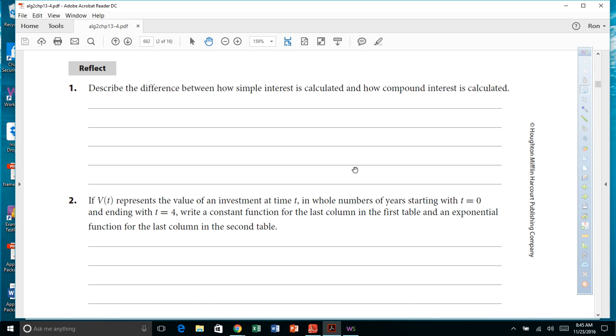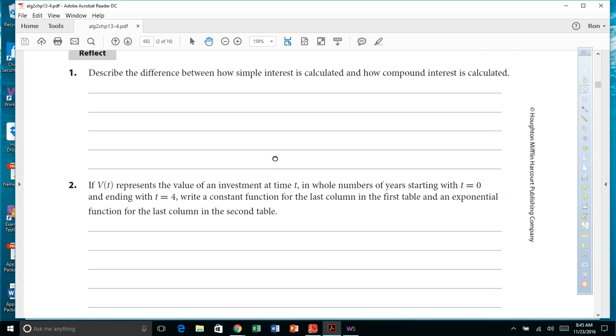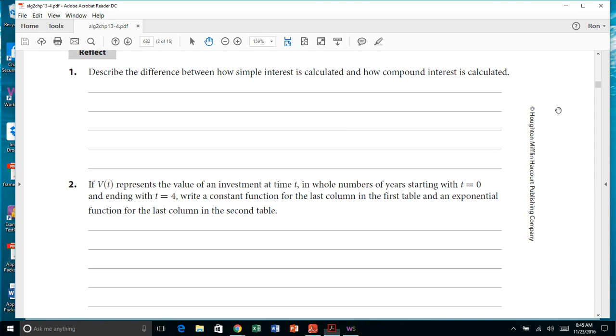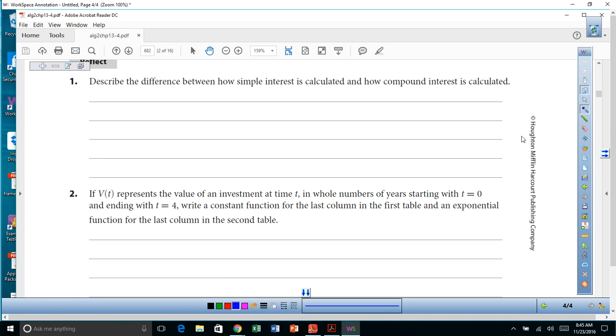Describe the difference between how simple interest is calculated and how compound interest is calculated. Well, simple interest is calculated from the initial amount only.